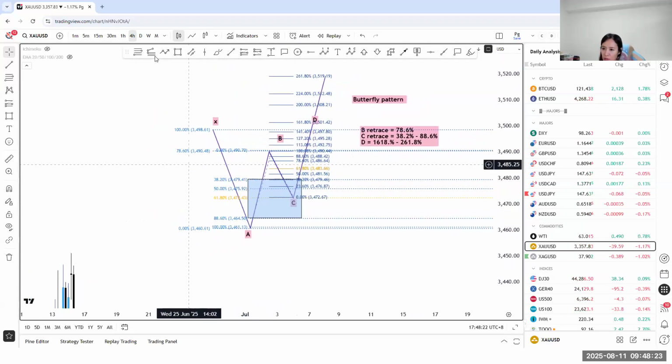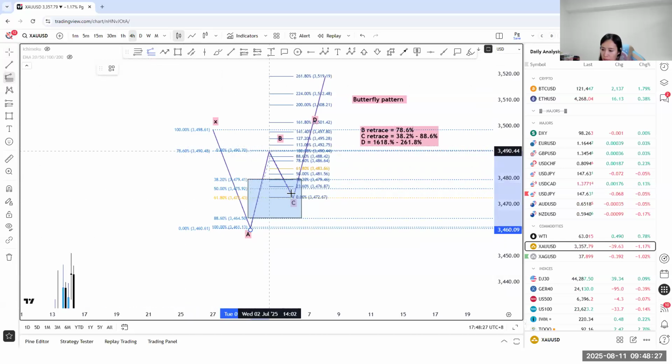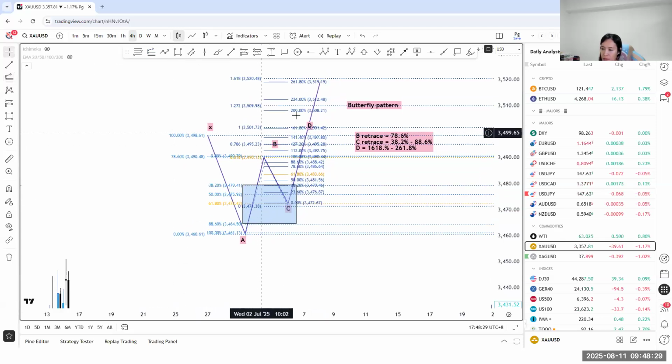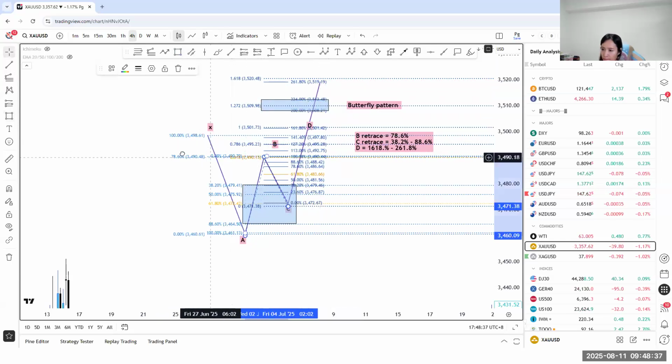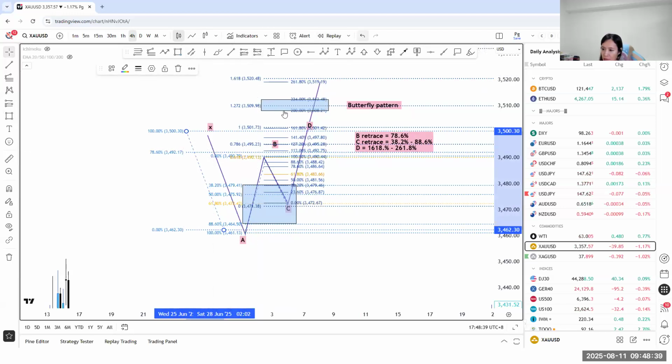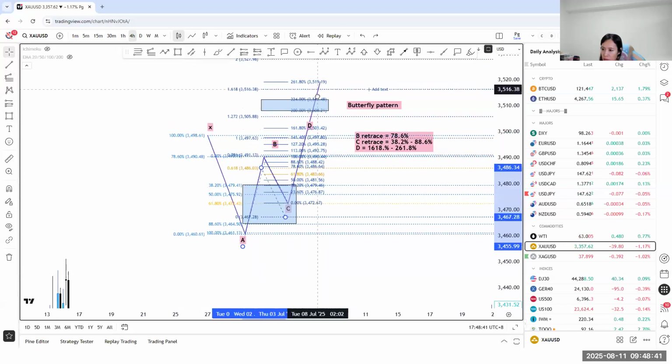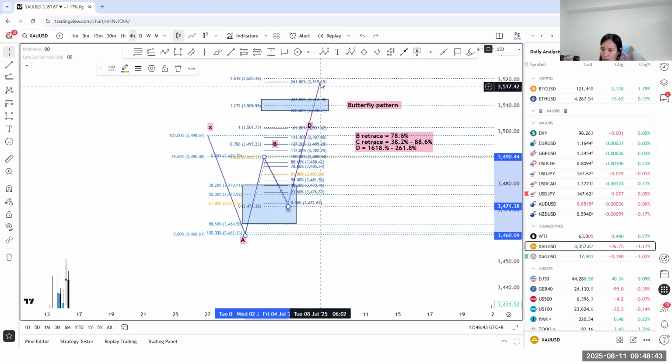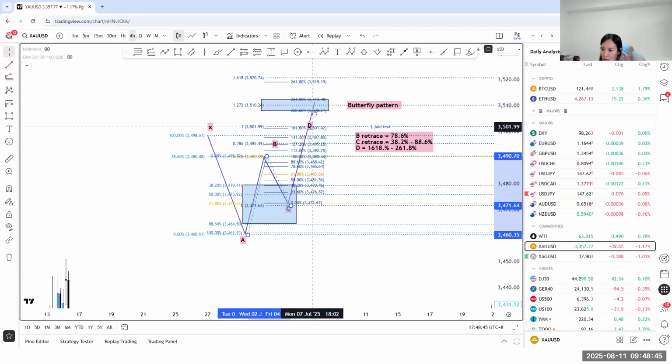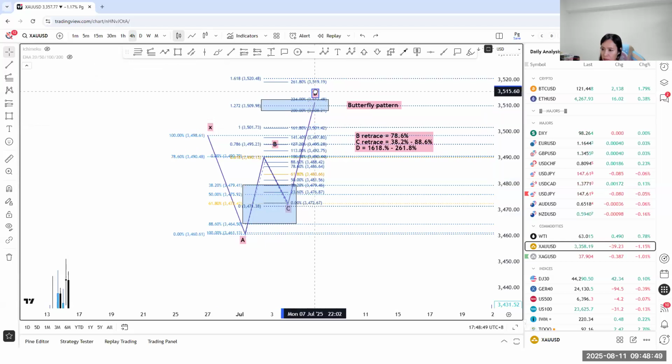Let's say I will use the projection. Where would the PRC zone be? I would say my PRC should be somewhere around here, where the Fibonacci levels line up together. So this could be the D point, somewhere around here.